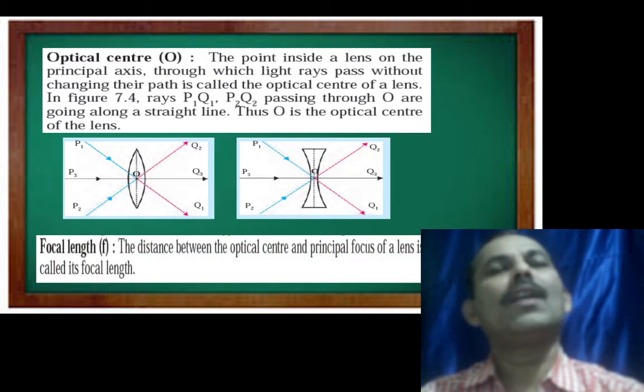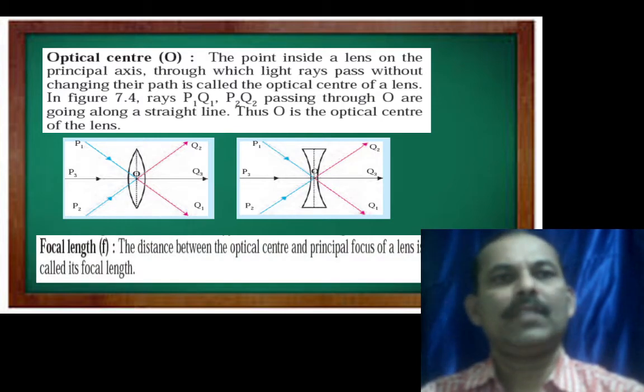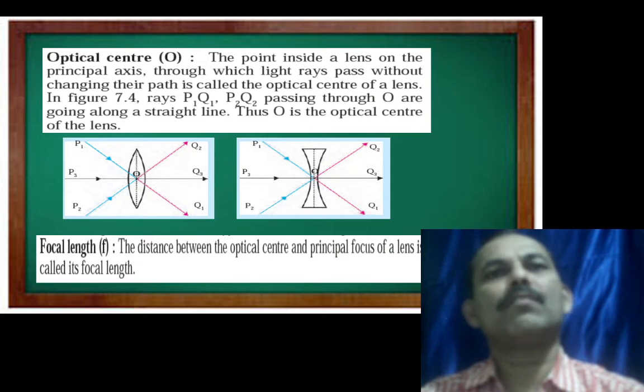Then what is focal length? Focal length is the distance between the optical center and principal focus of the lens.